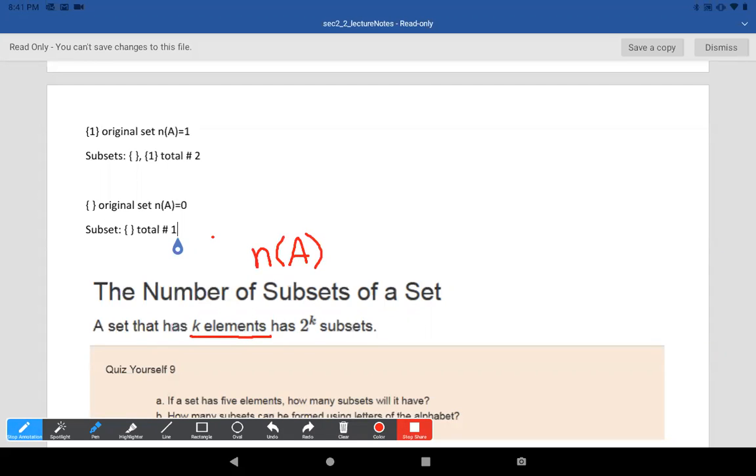So n of A, that is k. K sounds like cardinal number, so it should remind you of cardinal number. But we already have a notation for that. So you're welcome to leave it 2 to the n if you want, or you can use 2 to the k, whichever notation you prefer. But let's test it out.